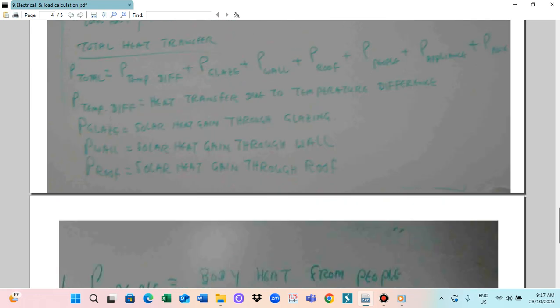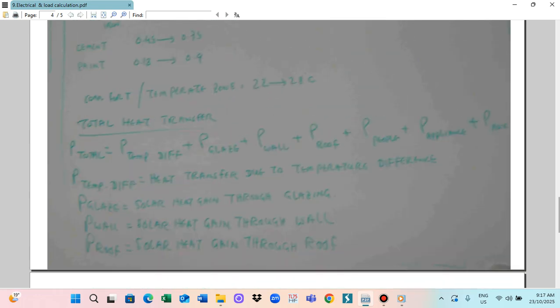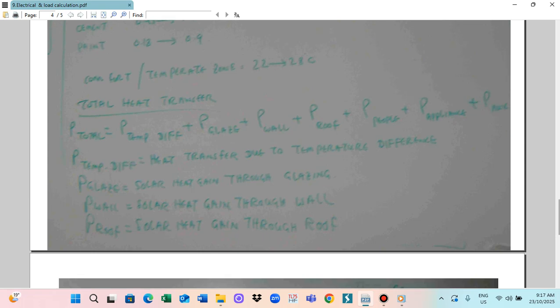The total heat transfer depends on the heat produced by people, and also the heat transfer through the glass, the wall, the roof, the appliances, and the auxiliary equipment. They have to be calculated and combined. So this is another formula, the total heat transfer formula.